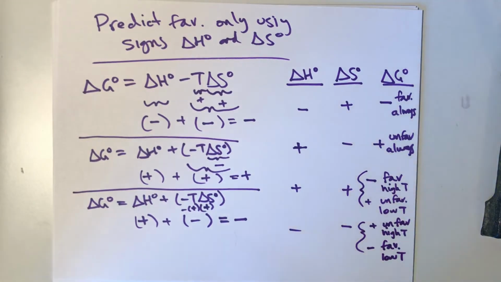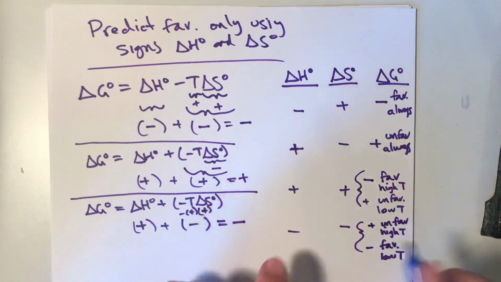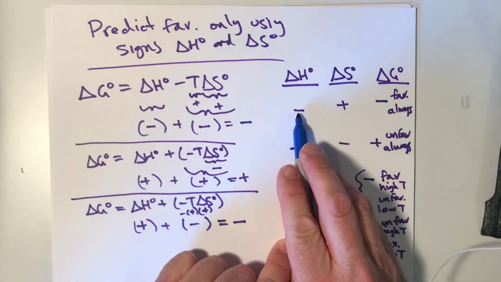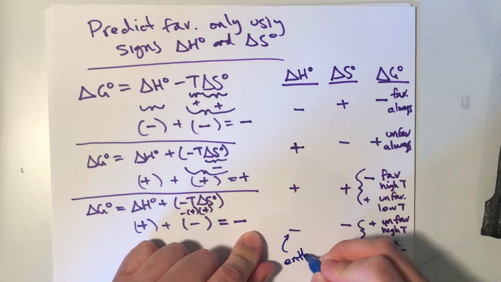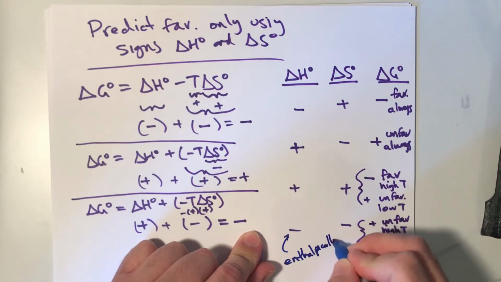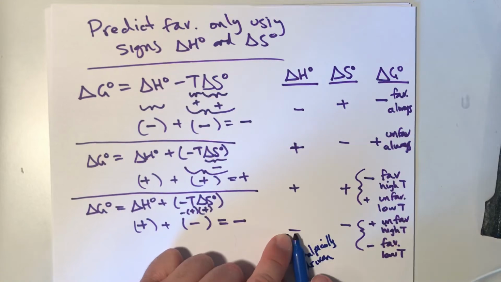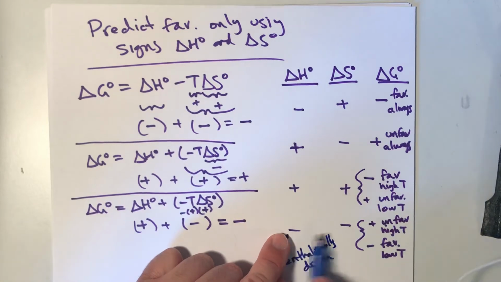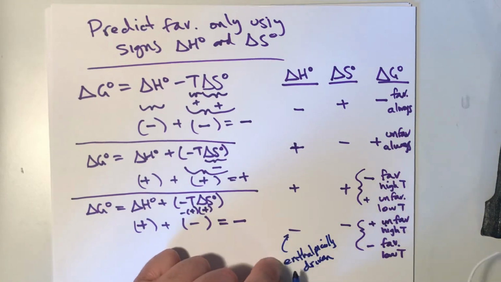We are going to use a couple of terms for this. For these two cases, where the reaction is favorable sometimes depending on the temperature, if the sign of delta H matches the sign of delta H in the always favorable case, we're going to call this enthalpically driven. Why is that? When the delta H term is large, at low temperature, compared to the T delta S term, the reason the reaction is favorable is because of the enthalpy.